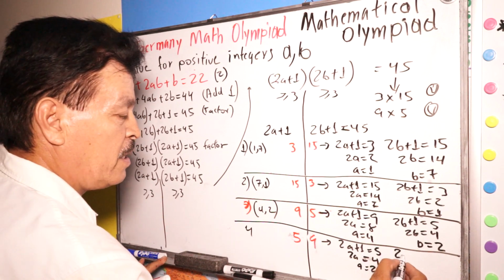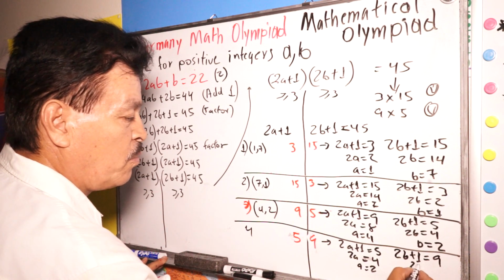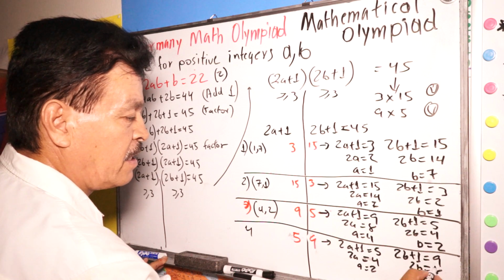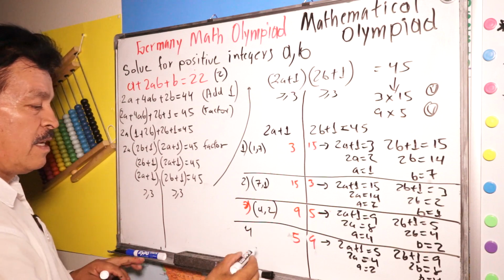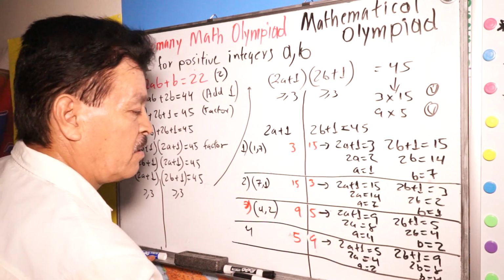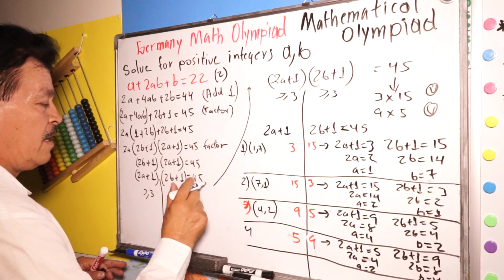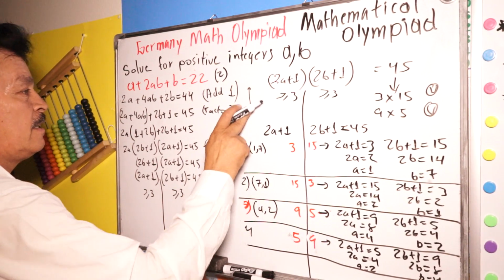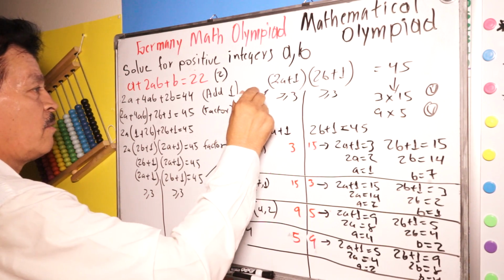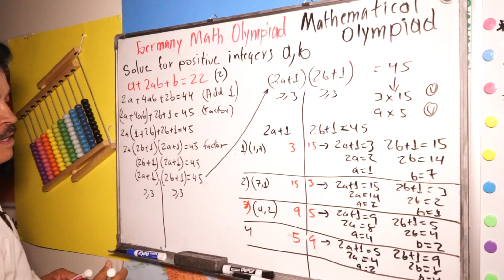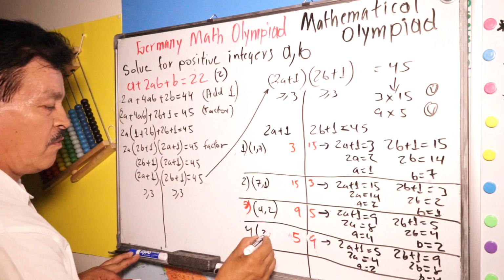Then here 2b plus 1 equals 9, so 2b equals 8, then b equals 4. All right, this is another solution: 2 and 4.